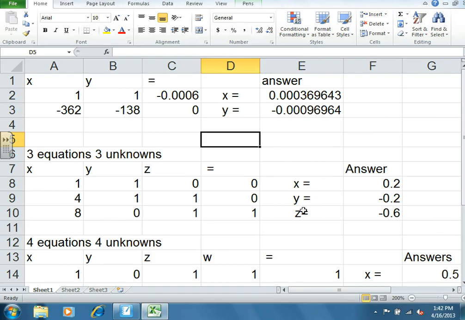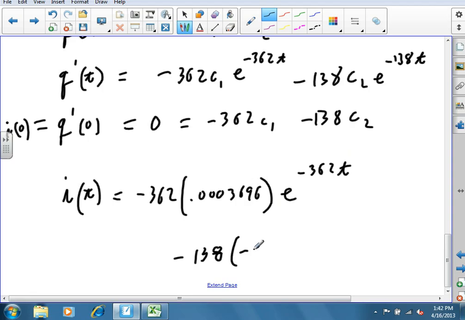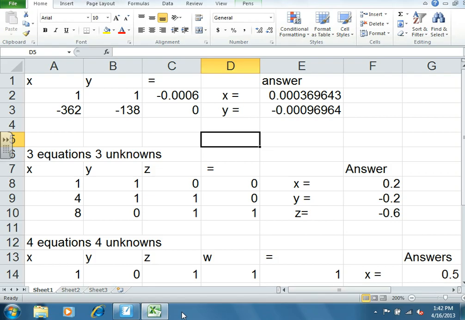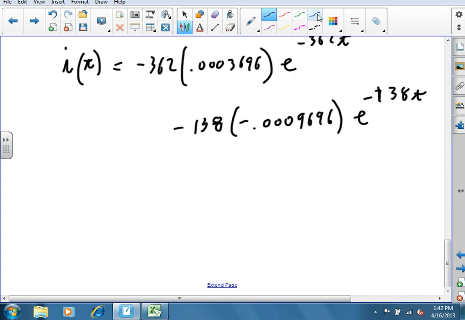Alright, we'll go with 3696. 0.0003696 e to the minus 362t minus 138 times 0.0009696 e to the minus 138t. Okay, now I'm ready to write down my final answer.